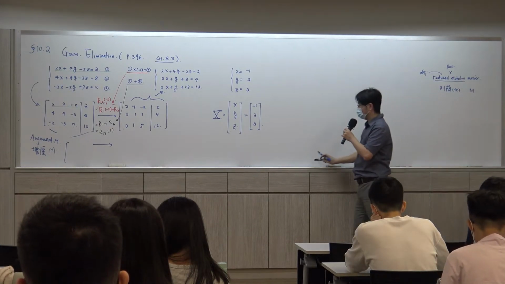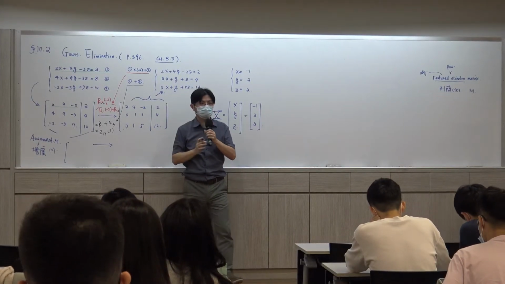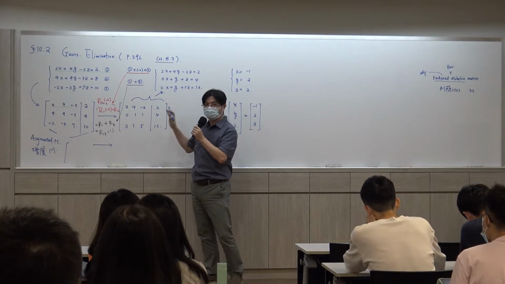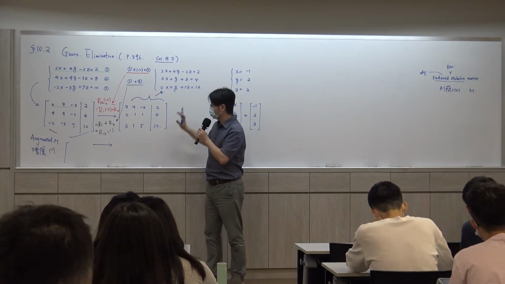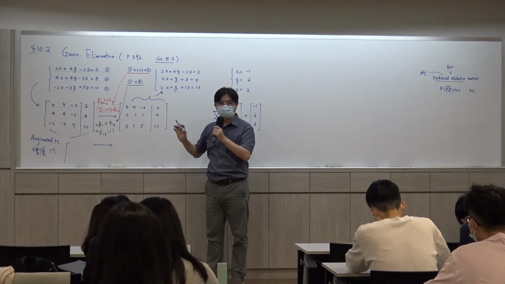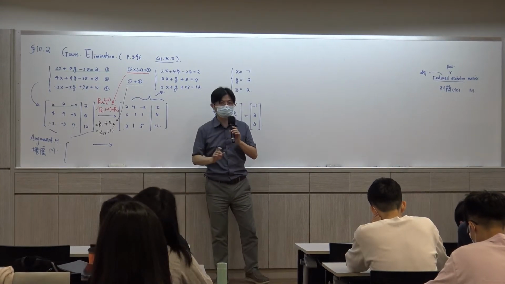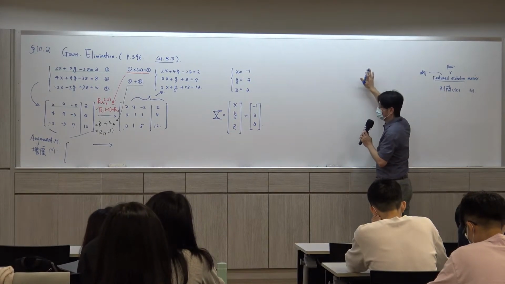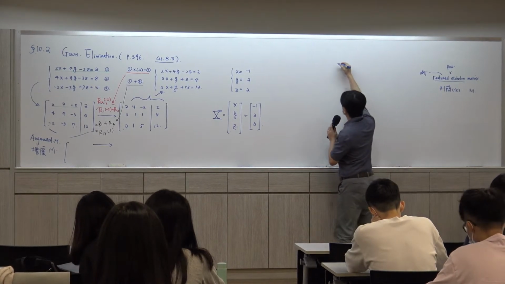Reduced row. So the meaning is that we want to know the operation, because I think the operation is easy and most of you understand how to perform it. But this operation is meaningful for the matrix space, because here is a very important idea. The space of the whiteboard is two-dimensional, right?